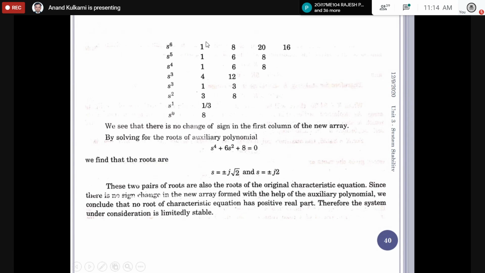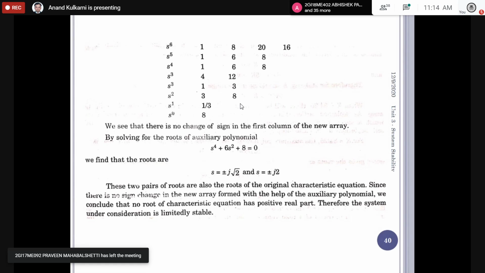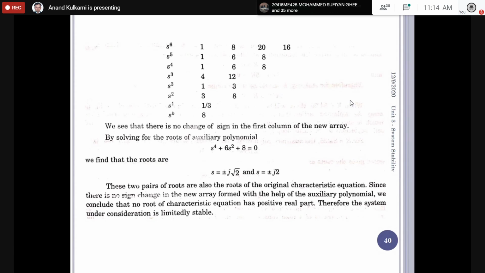But suppose in this process one of the signs has become negative, then the system is unstable. But here there is no sign change, and you cannot write that the system is stable, because one of the rows has become 0. One of the rows becoming 0 clearly indicates the presence of roots on the j omega axis.